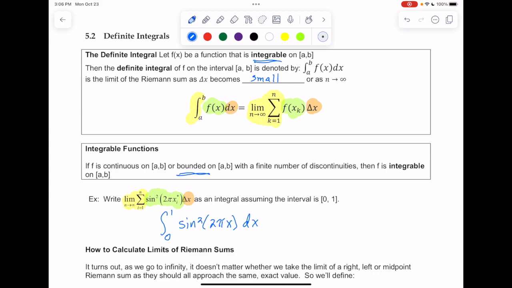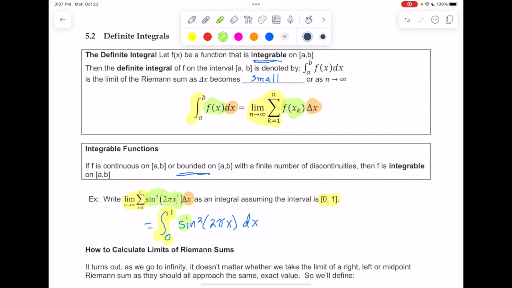So there's the connection between the limit of the Riemann sums becoming the definite integral. And again, just looking at the highlighting of the pieces, the limit of the sum is where we get the integral symbol. The 0 and the 1 depend on the interval we're working over.